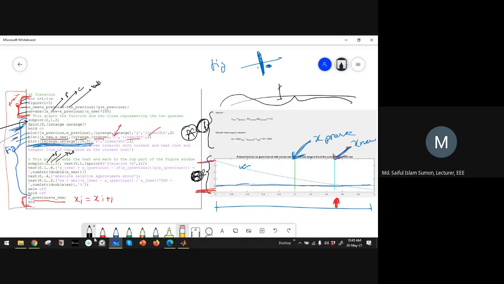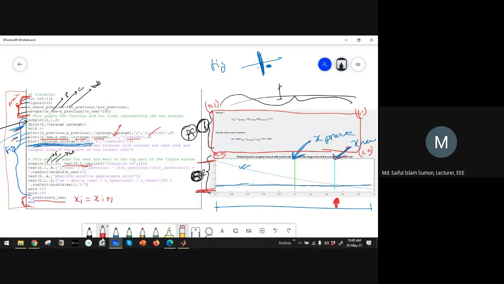You can see text is the command with the help of which we can write all these things. So text 0, 1. Suppose this is the place where we are going to write, then 0, 0 is this location, 1, 1 is this location, 0, 1 is this location and 1, 0 is this location.